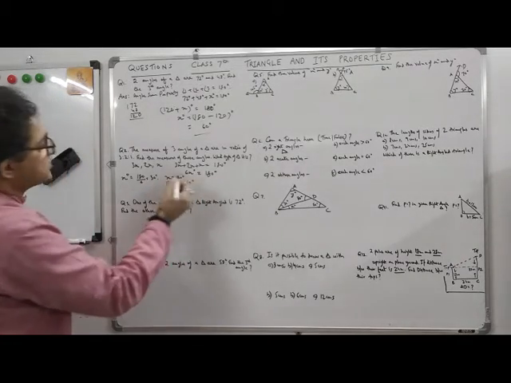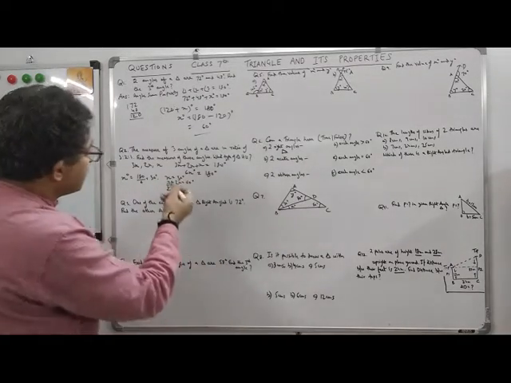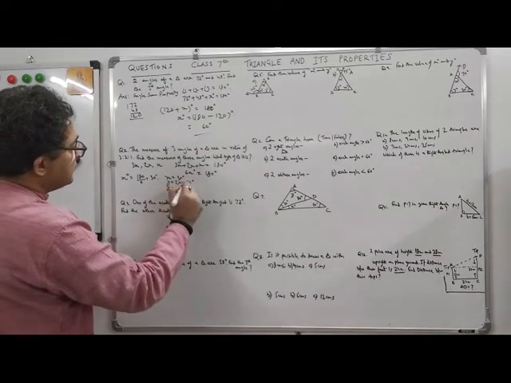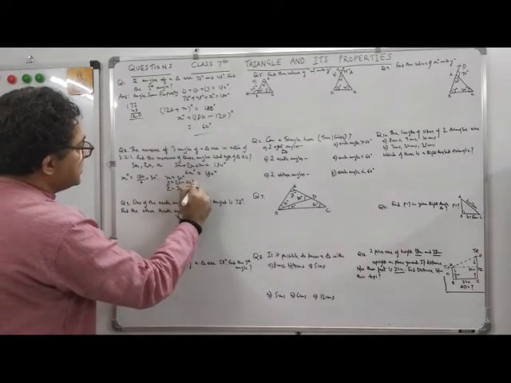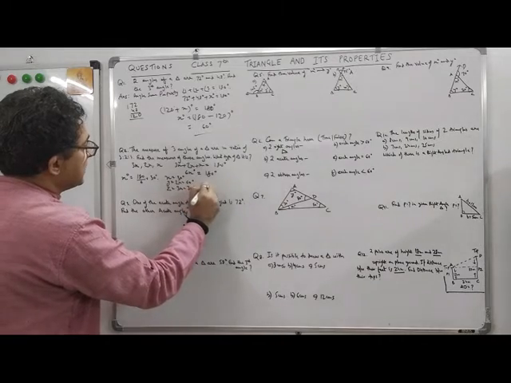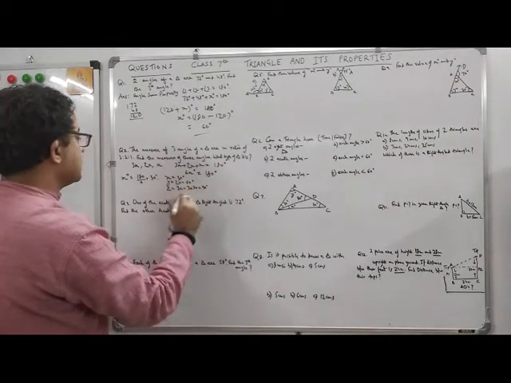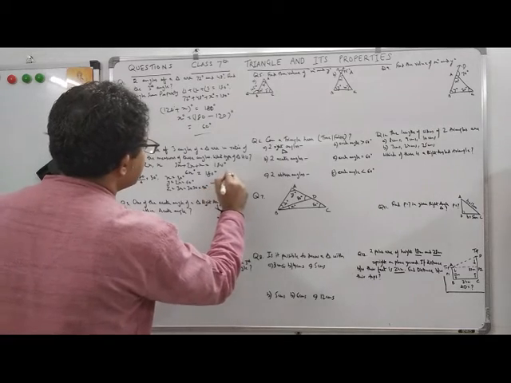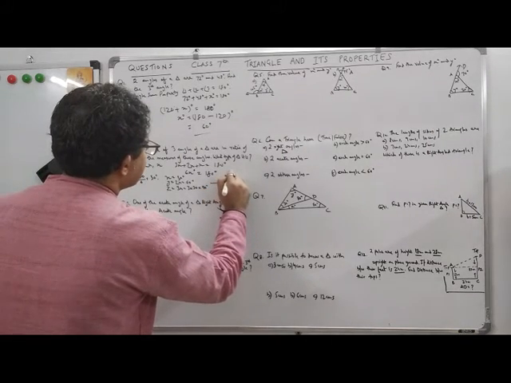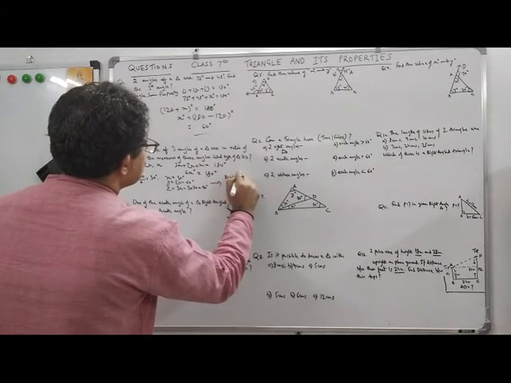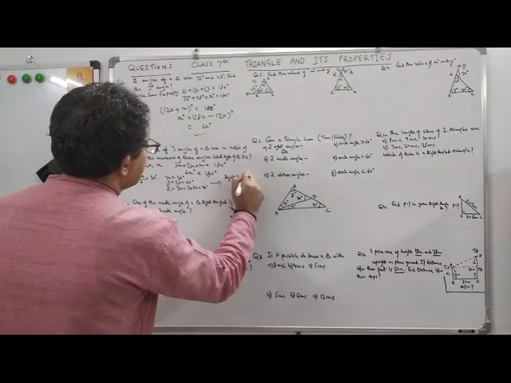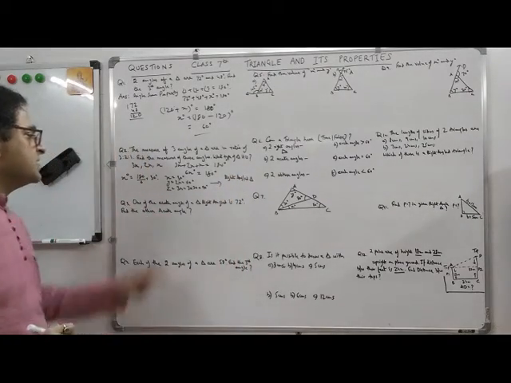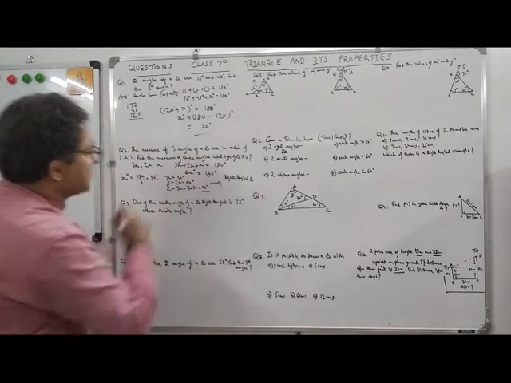You can put this as ABC as well, but whatever be the variable, the answer is 3x as the third angle, which is 3 into 30, equal to 90 degrees. And so this is the first part. And what type of triangle is it? Always remember this triangle will be a right angle triangle, because I told you in the concept, in a right angle triangle at least one angle has to be 90 degrees. So this is 90 degrees, right?